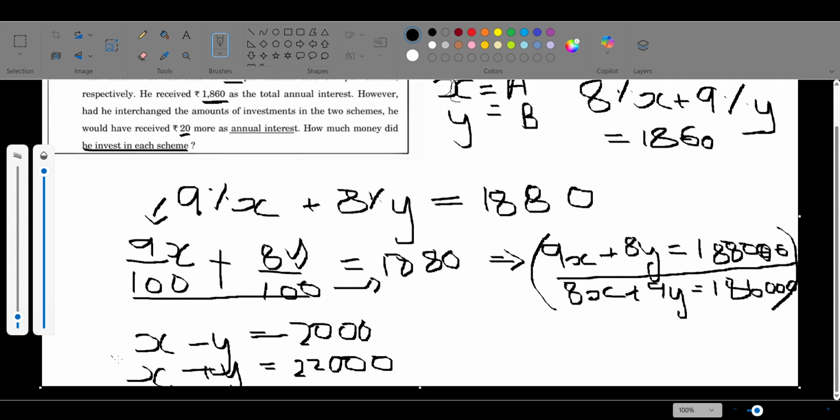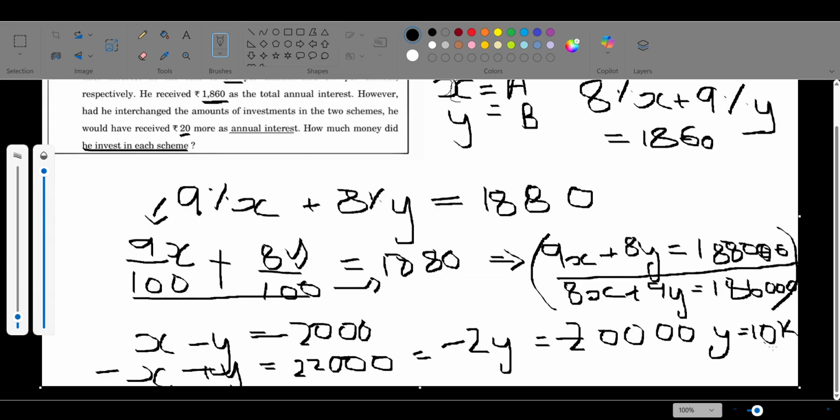So you can find it the normal way. We get minus 2y, since x will get cancelled, so minus 2y equal to 2000 minus 22,000, so you get minus 20,000, and y is equal to 10,000. I just wrote 10k.